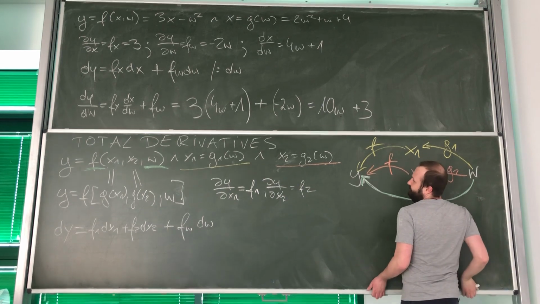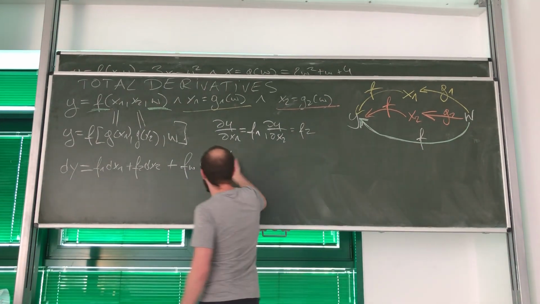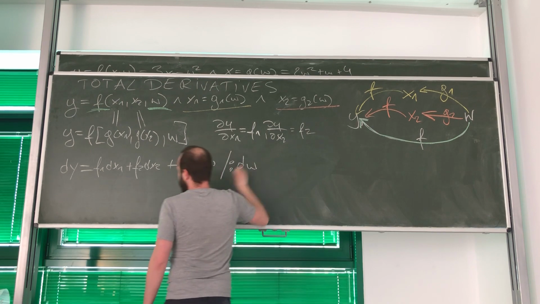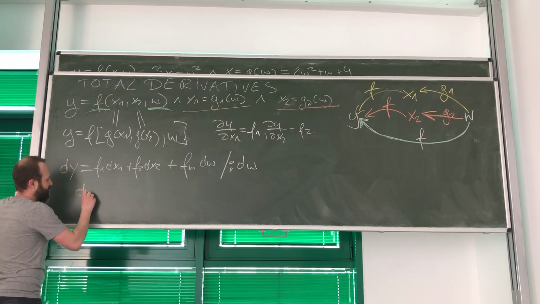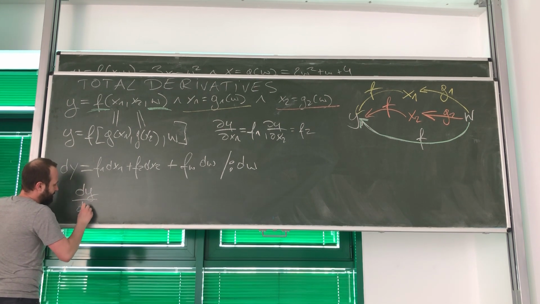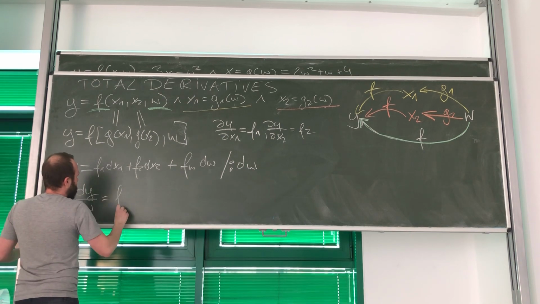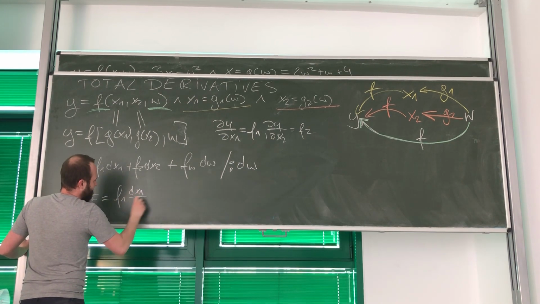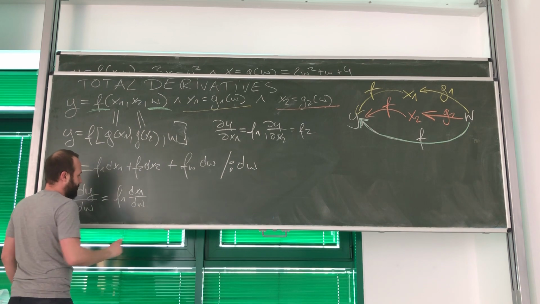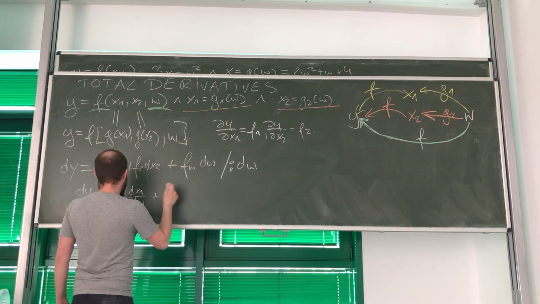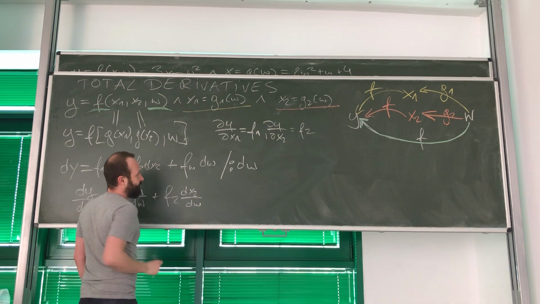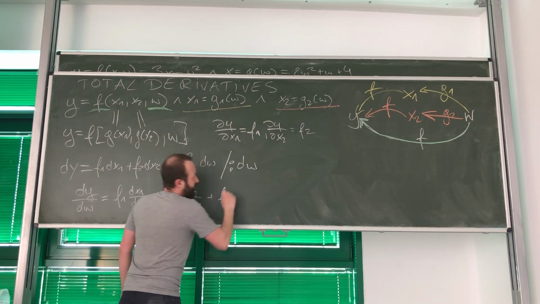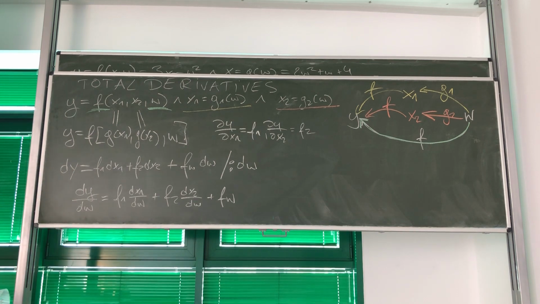What do we do next? Well, of course, all we've got to do is to divide both sides by dw, and we should get the formula for the total derivative. So this is the derivative, dy dw is equal to f1 dx1 dw plus f2 dx2 dw plus fw.